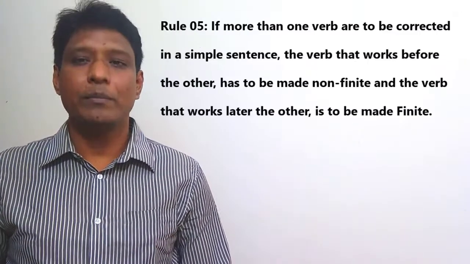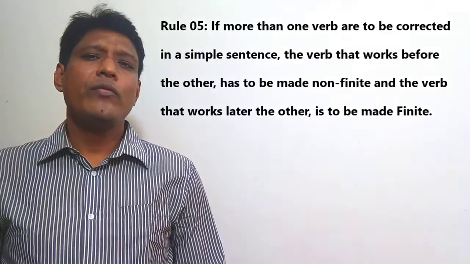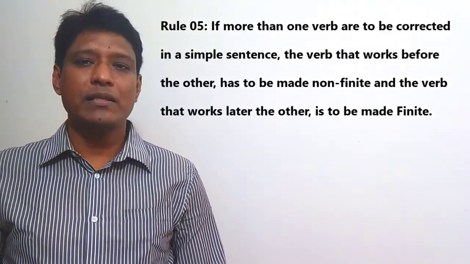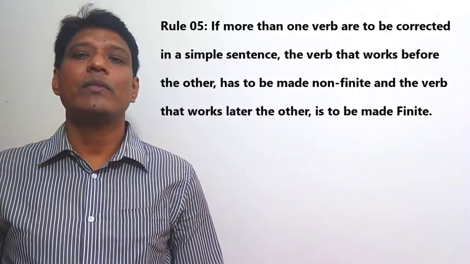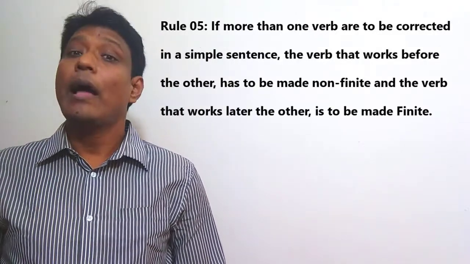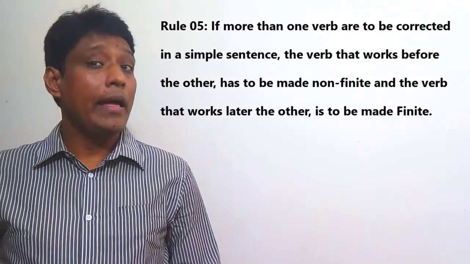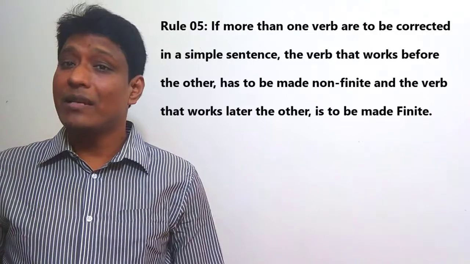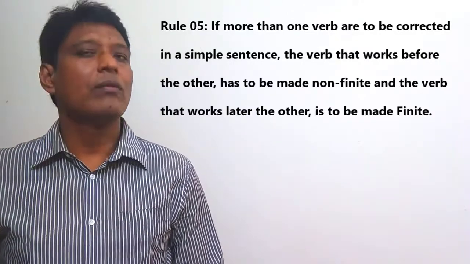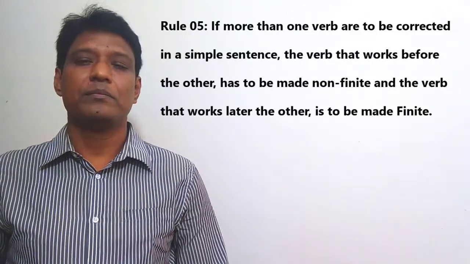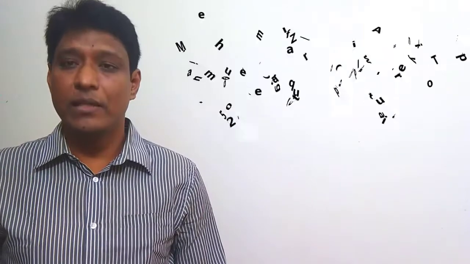Rule number 5. If more than one verb is to be corrected in a simple sentence, the verb that works before the other has to be made non-finite, and the verb that works later is to be made finite. Very simple. For example, Muhammad Jafar Iqbal (write) in the brackets Ami Topu in 2005 again (get) in the brackets much popularity.